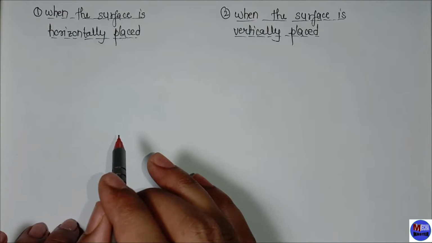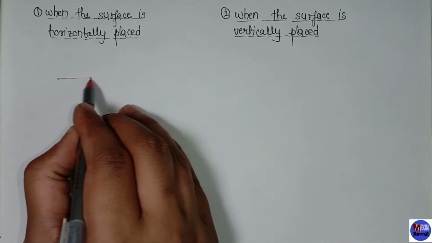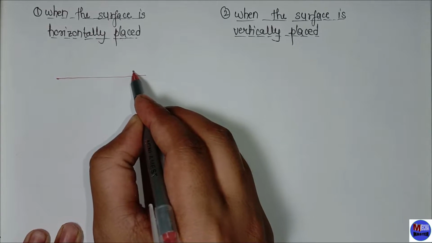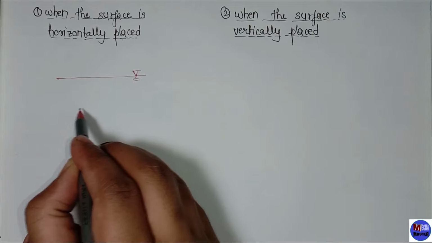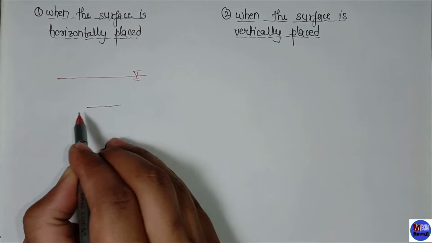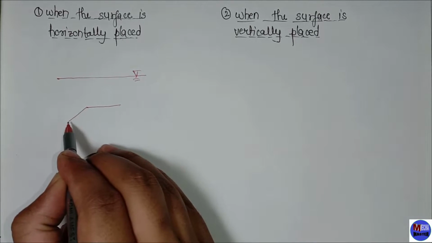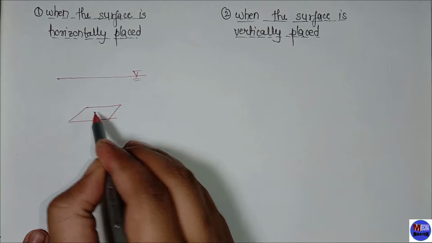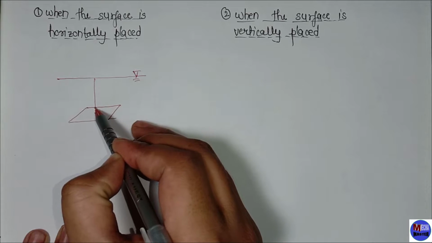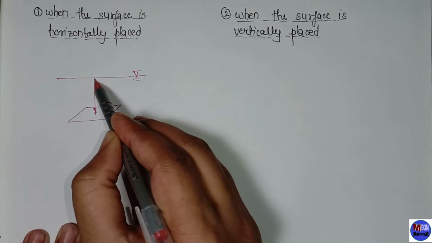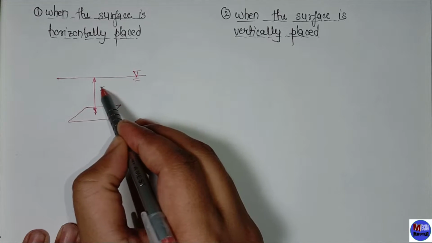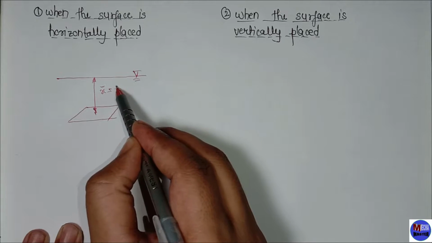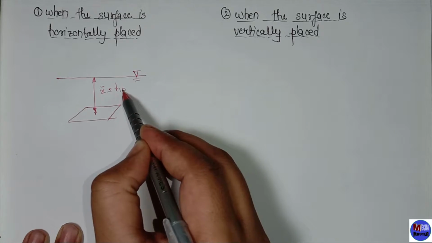Just take an example. This is the free surface of water and there is a plane which is horizontally placed. Then this is the distance of centroid from the free surface, and this is equals to HP.